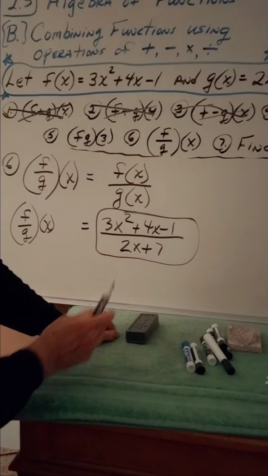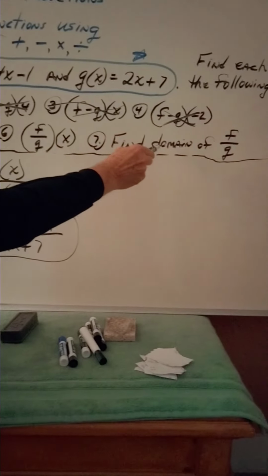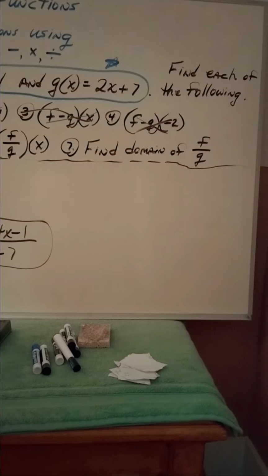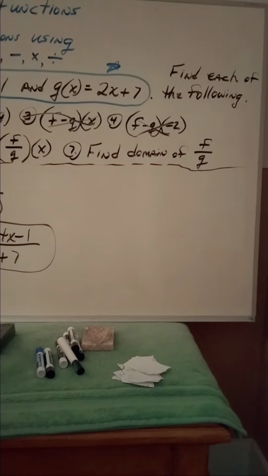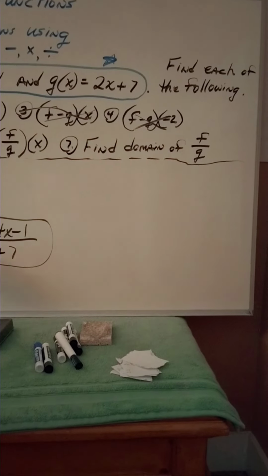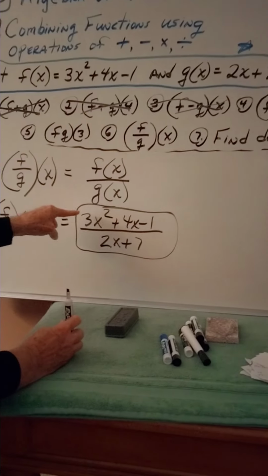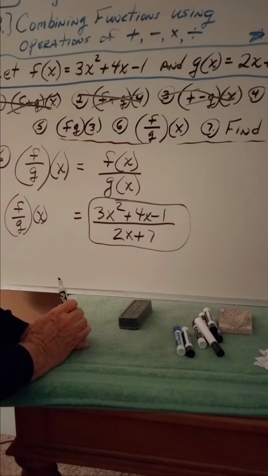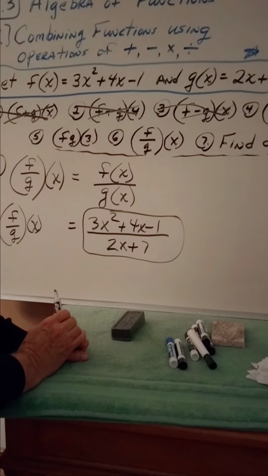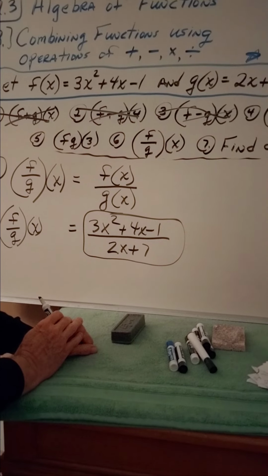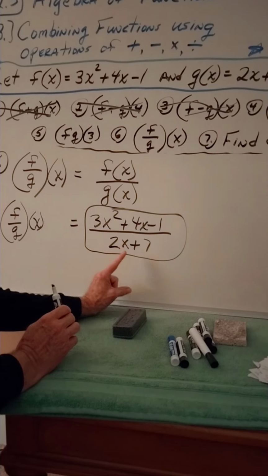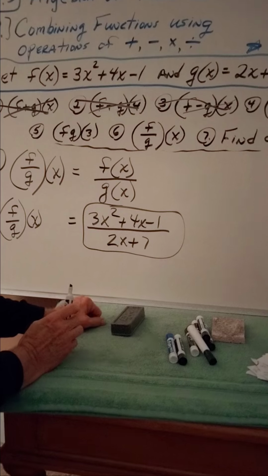Now number 6 leads to number 7, and we just came from this. Number 7 says, find the domain of f over g. There's f, and there's g, and there's a fraction there. And more importantly, the denominator contains an expression that contains a domain variable.